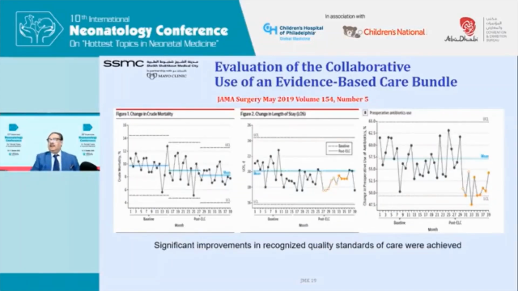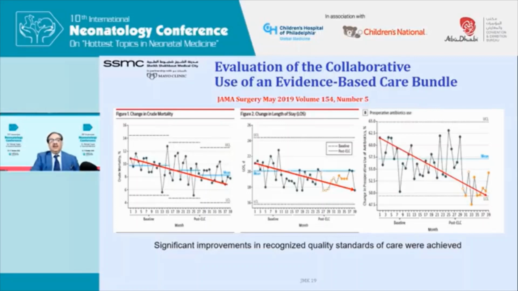There's another study in May 2019. This is the change in the crude mortality, the change in the length of stay, and preoperative antibiotic use. And as you can see, in all parameters, there is a real drop in those variables when they apply the standard of care and the bundle of care.